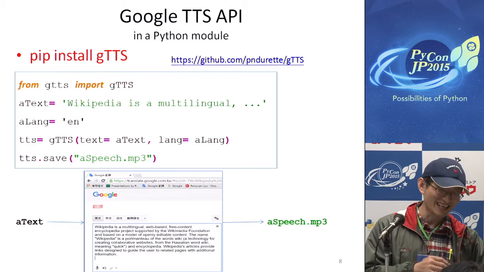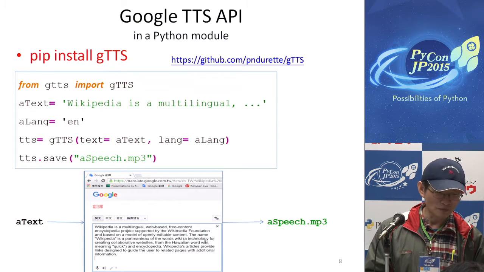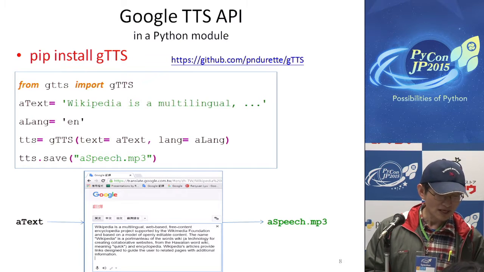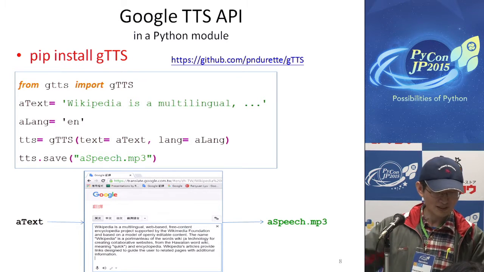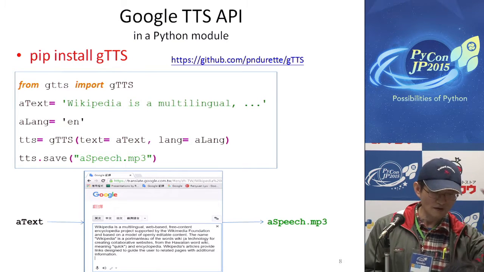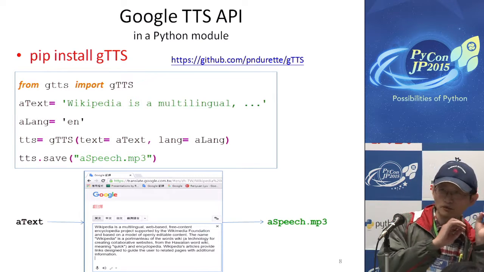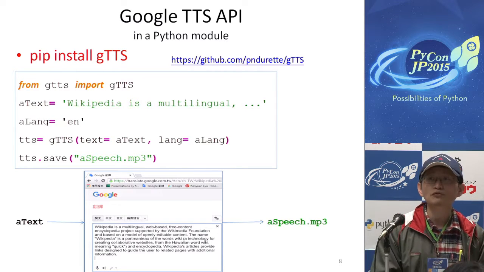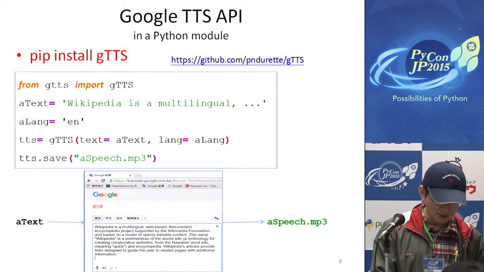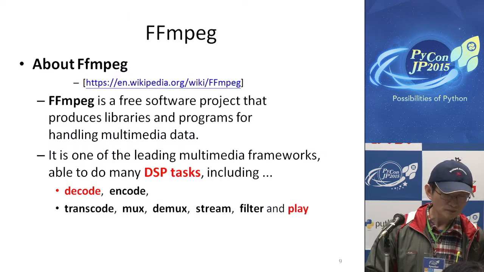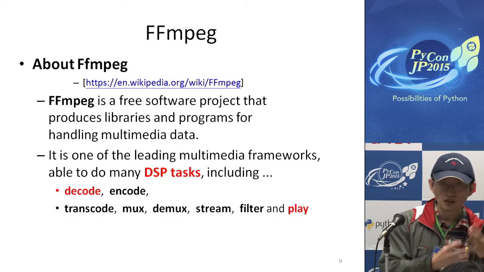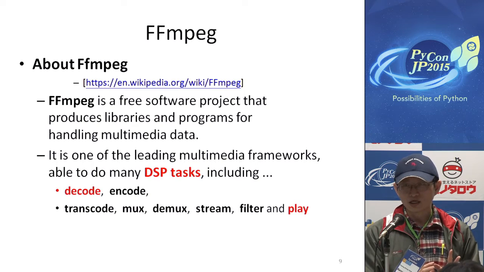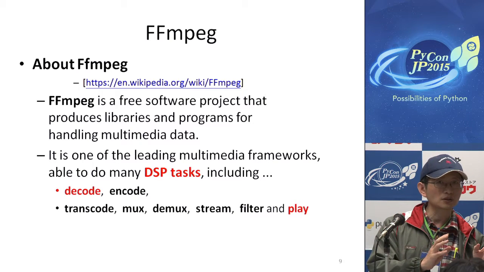Some wonderful people made a very compact module, such that as long as we write several lines, 1, 2, 3, 4, 5 lines, we can provide arbitrary text and get an MP3 file for that text.